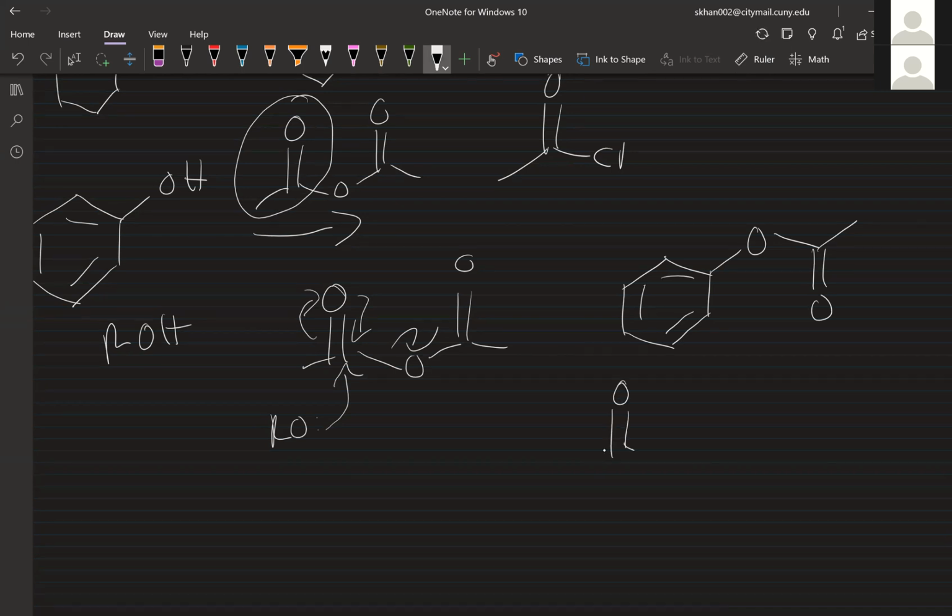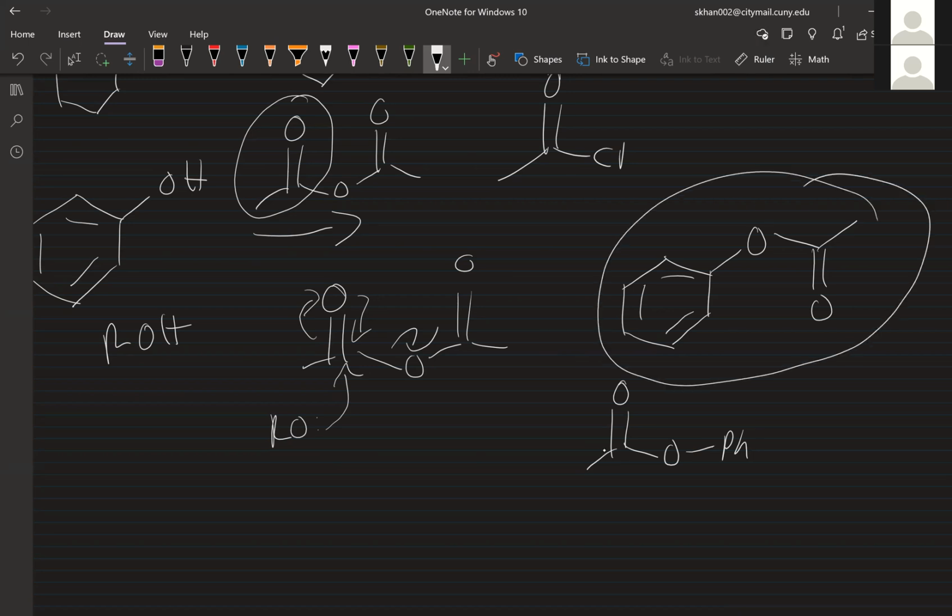Usually I always like drawing my esters like this. But technically, just to keep things simple, this is the alcohol part. It reacted with this, right? Form that. And I guess technically you have carboxylic acid as a byproduct. That's not too important. The main thing is the ester, right?